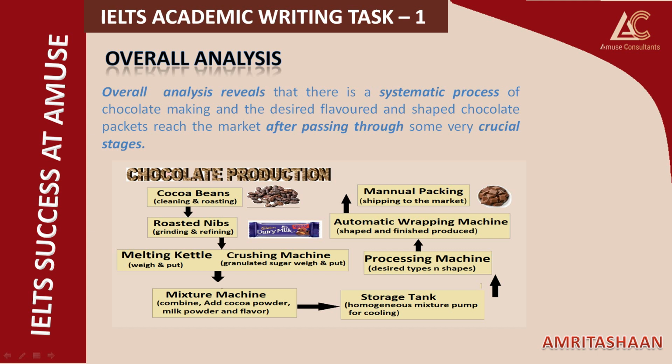Even if you are giving an overview in the beginning, and after writing the complete report, the complete process, if you are ending, it would be an abrupt end. We should have something to say in the end too. We should not end up our writing abruptly. So this is the reason I advise you to go for overall analysis.